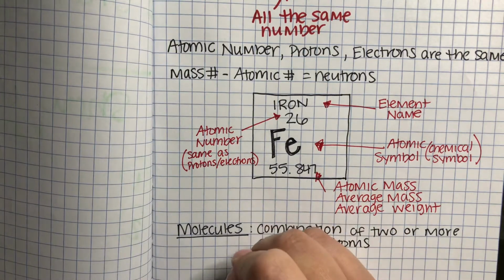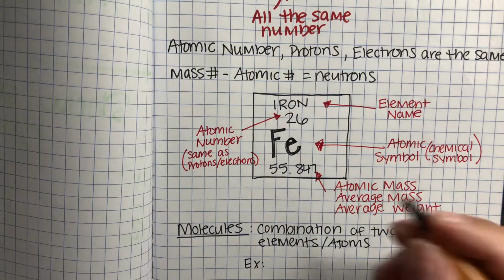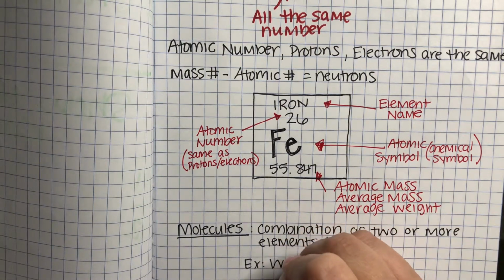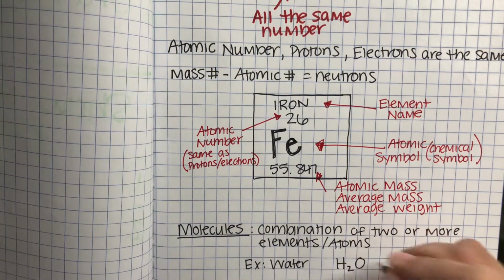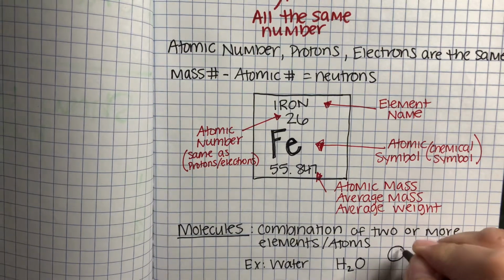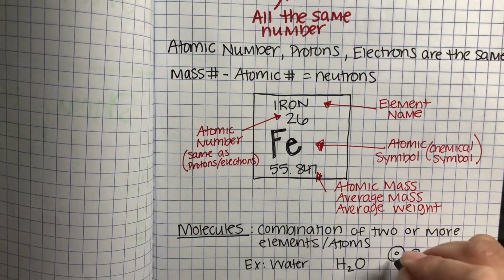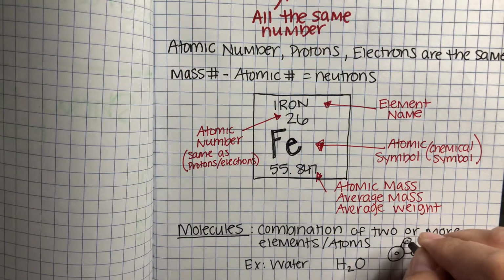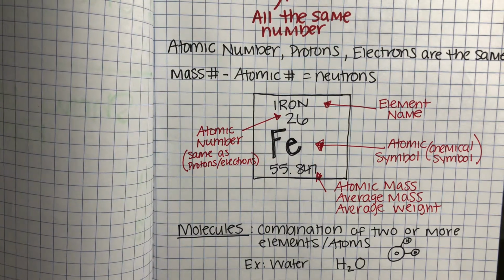An example of that, we can talk about water. So that's hydrogen and oxygen. We have one oxygen, and then we have two hydrogen. So that would be an example of a molecule.